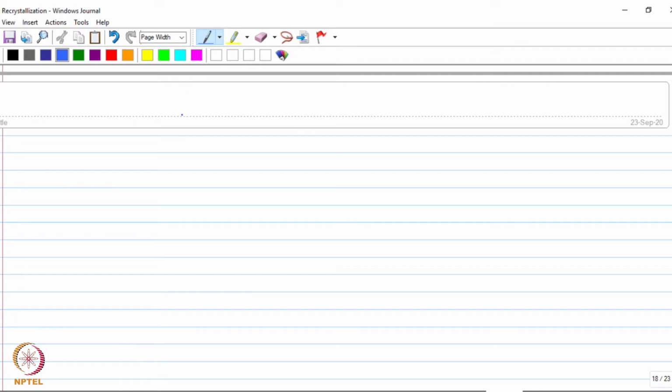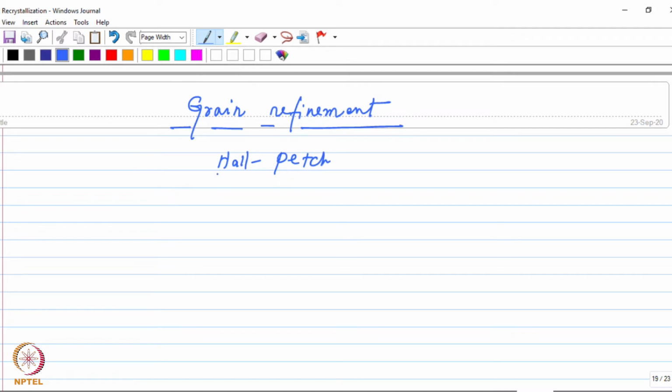So grain refinement is the next topic that we are going to discuss with respect to the strengthening mechanisms in aluminium alloys. You would have already seen this before, particularly this Hall-Petch relationship that we all talk about whenever grain refinement comes into the picture.